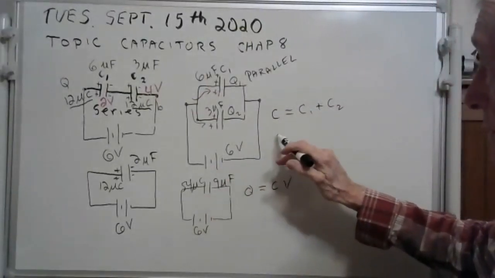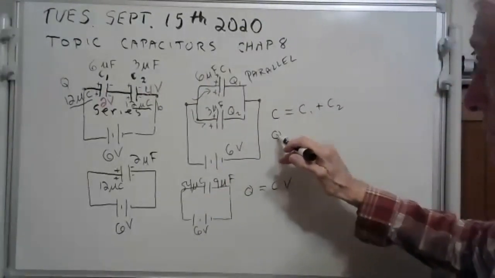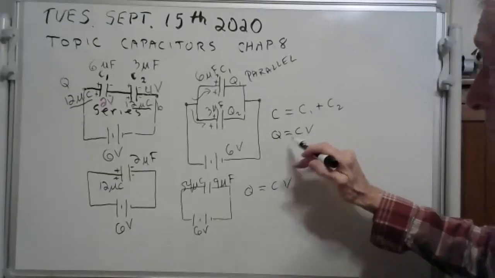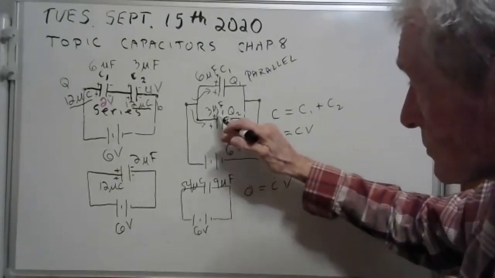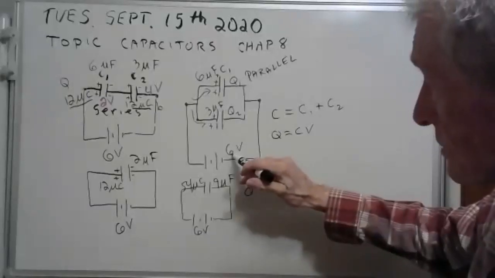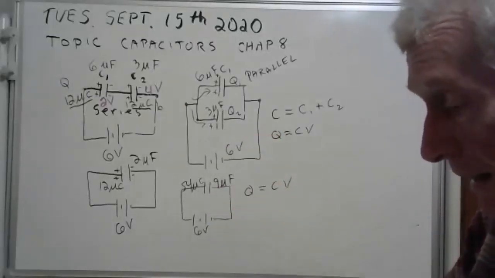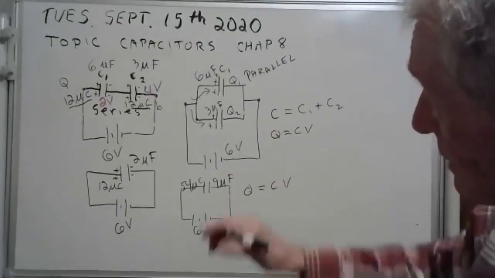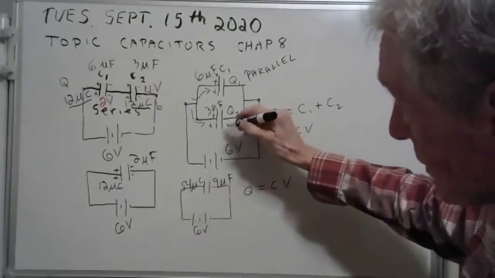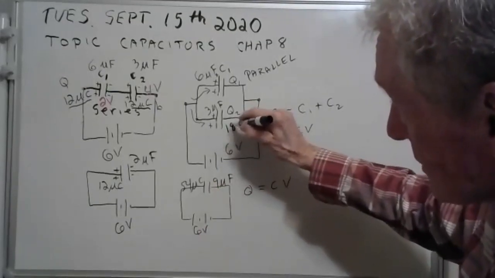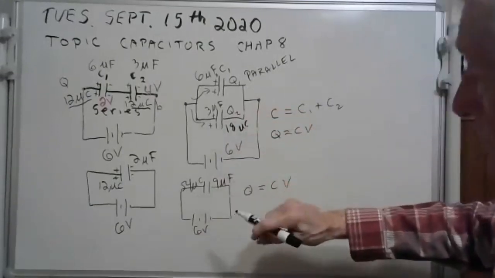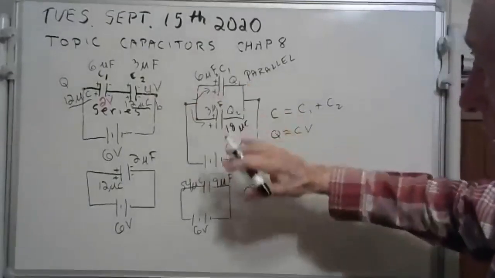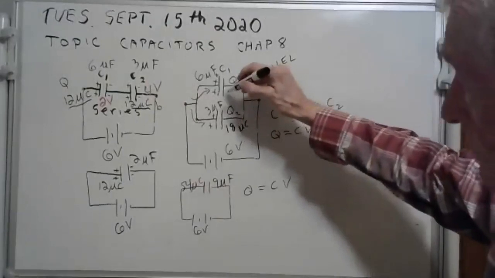Well, you know how it works. Q equals CV. If you got 6 volts and 3 microfarads, what's 6 times 3? It's 18. I got 18 microcoulombs on this one. And I got 6 and 6. 6 times 6 is 36.